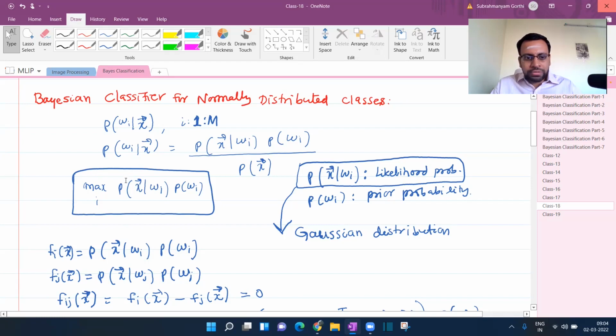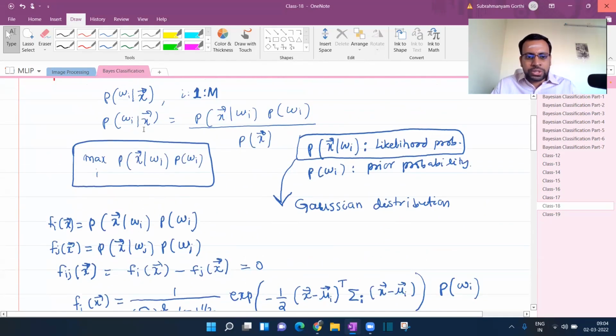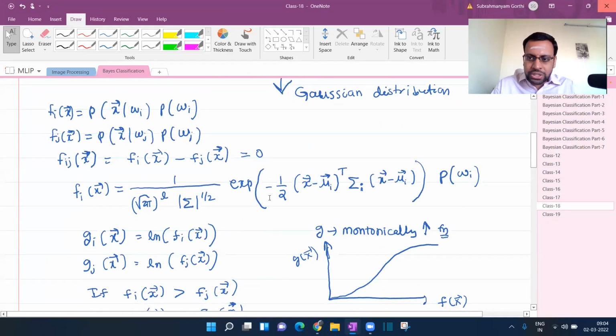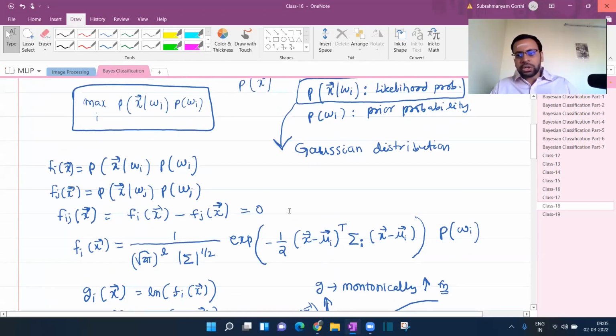Now, this probability of x bar given omega i is where you assume the likelihood function has a Gaussian distribution. With regard to the boundaries between two classes, we get it by figuring out where these two a posteriori probabilities are equal.